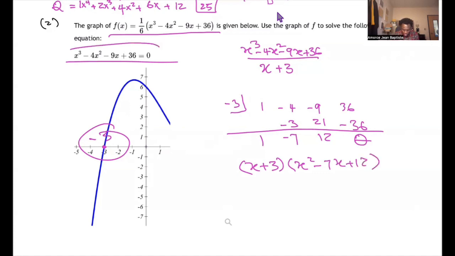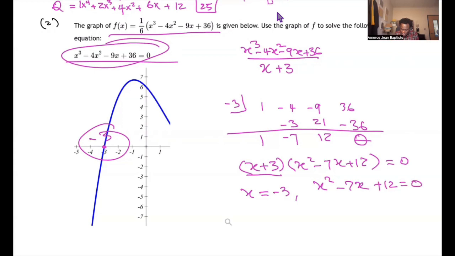We're solving this equation equals 0. Now we have it in factored form. We already know from this one, x equals -3. And this one will be x squared minus 7x plus 12 equals 0. This is a quadratic equation. Now we can find two factors of 12 that add up to -7.